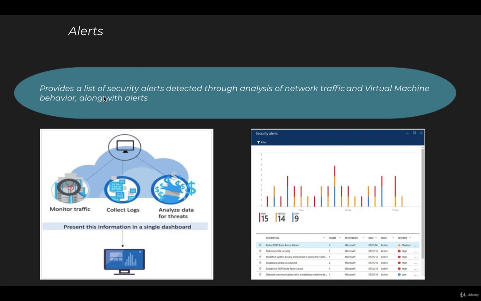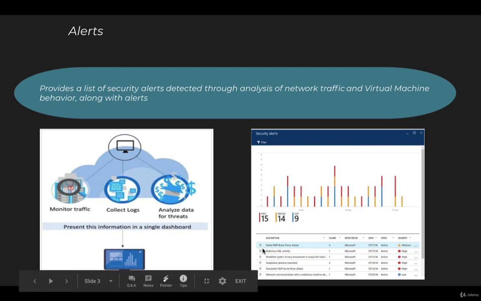Alerts provide a list of security alerts detected through the analysis of network traffic, as we said. It monitors the traffic, collects the various logs, analyzes the threats, and gives you different kinds of alerts, like a brute force attack, analysis of network traffic and virtual machines, malicious activity on your SQL server, failed RDP, or a successful brute force attack.